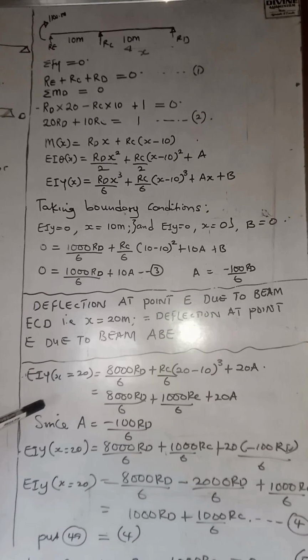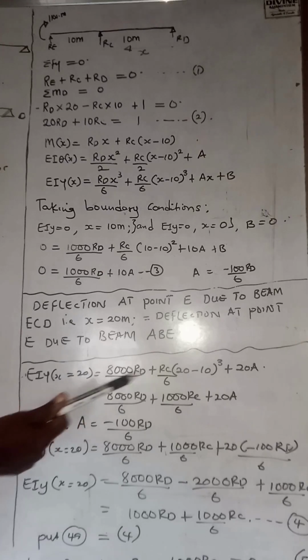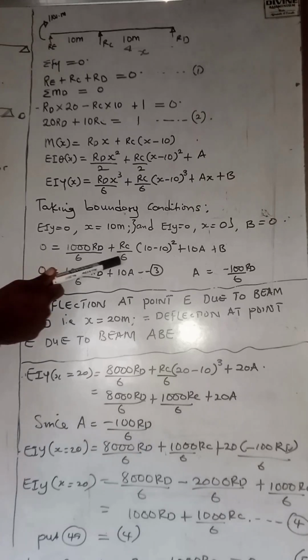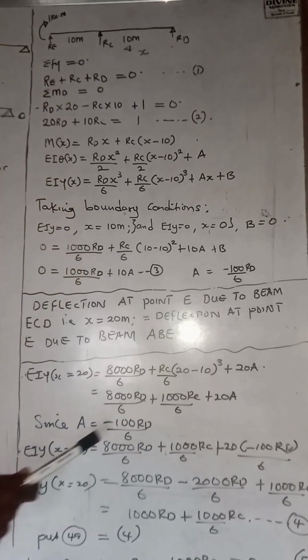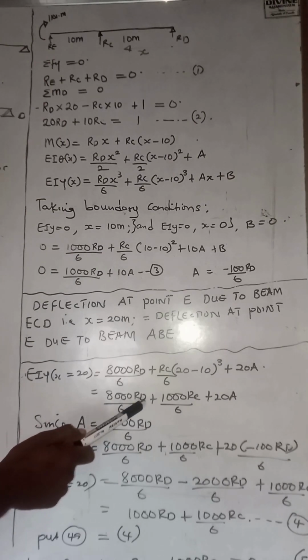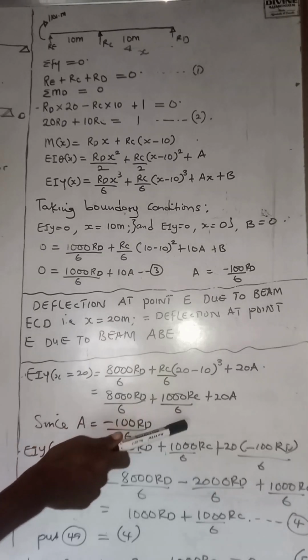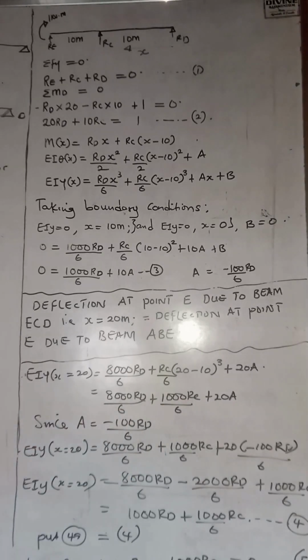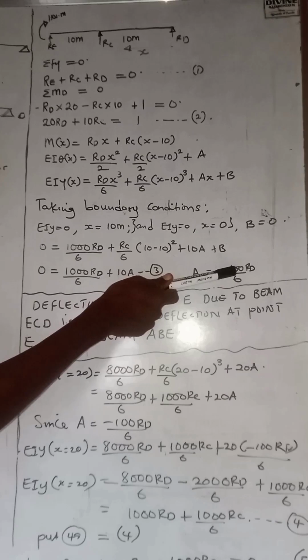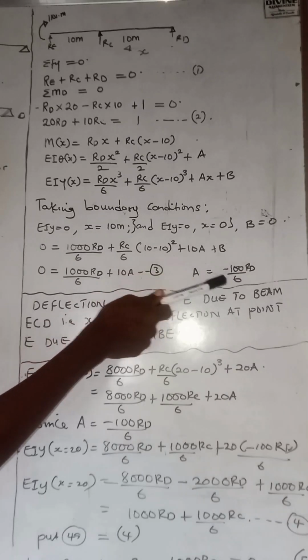So we will have the deflection at point E at x equal to 20 for this particular beam, which is this beam, to be 8000 RD over 6 plus 1000 RC over 6 plus 20A. Now from this equation 3, we can obtain A to be equal to 1000 RD over 6.